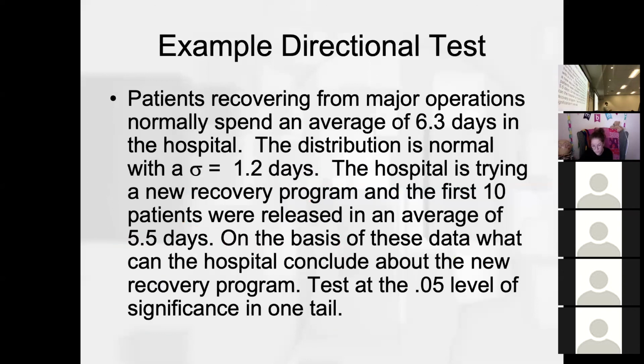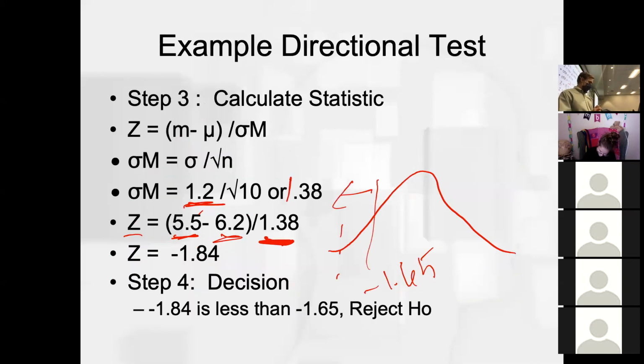And in this case, what that means is that we can say the new recovery program does, in fact, have a significant effect on the length of time that somebody stays in the hospital. Or more precisely, that new treatment significantly reduces the amount of time that a patient has to stay in the hospital.